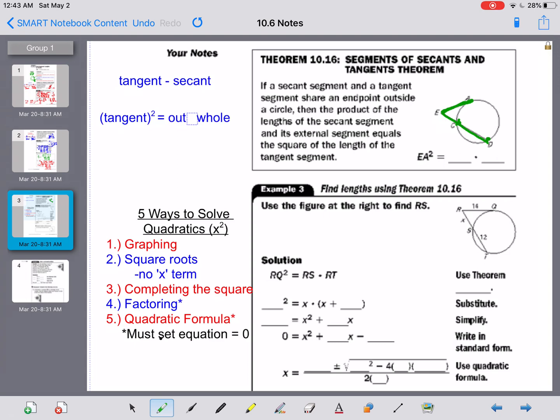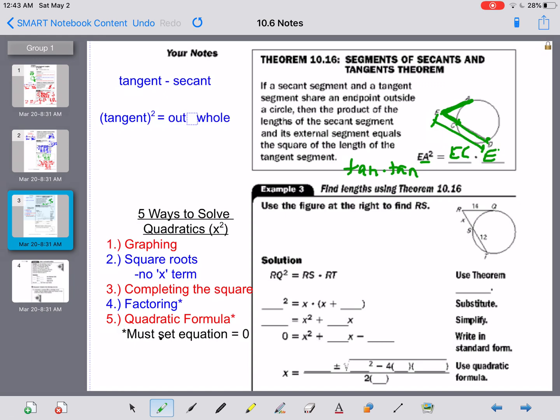Well, when I look at this tangent, there's really only one thing. So what we do is we multiply it times itself. So it's going to be like tangent times tangent. Okay, that's kind of what we're doing on the outside. That's my EA squared. When I have something of the same, I can just say squared instead of times itself. Then I'm going to multiply by this outside segment of EC times the whole thing ED.